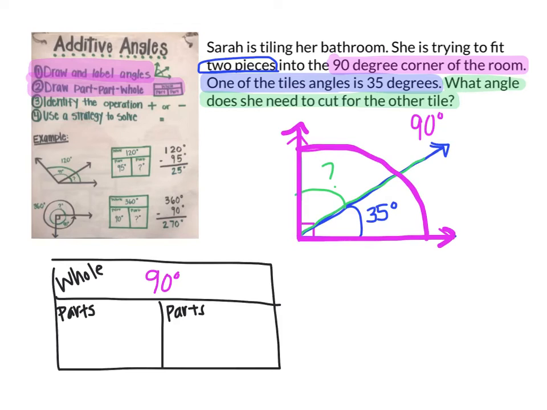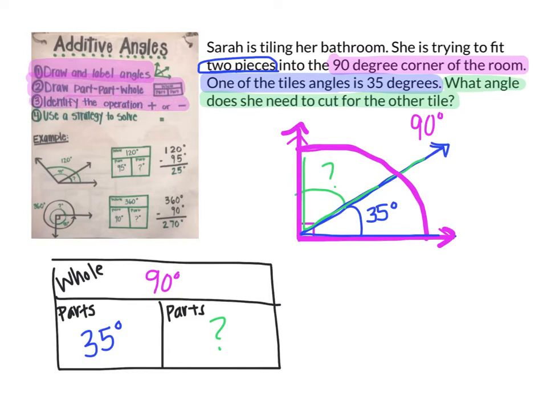We also know that this part here is 35 degrees, so one of my parts measures 35. Now we've also got this part here. This is our unknown. That's what we're solving for. So our part whole chart is labeled. Now we're ready to move on to step 3.